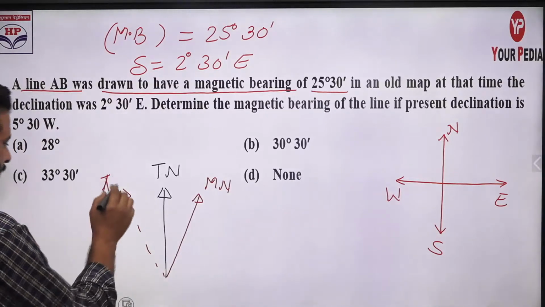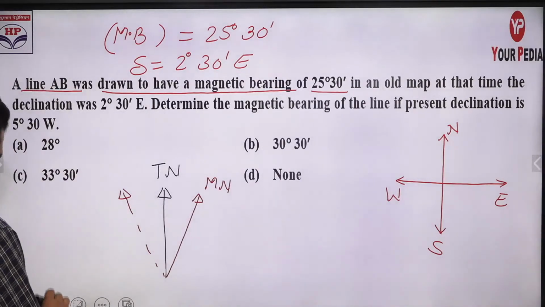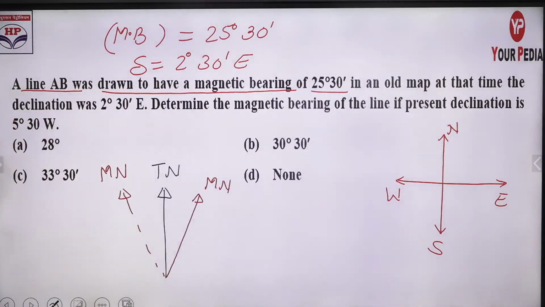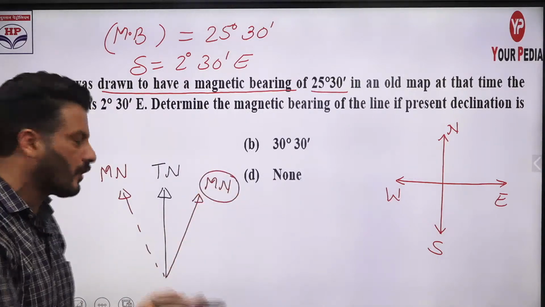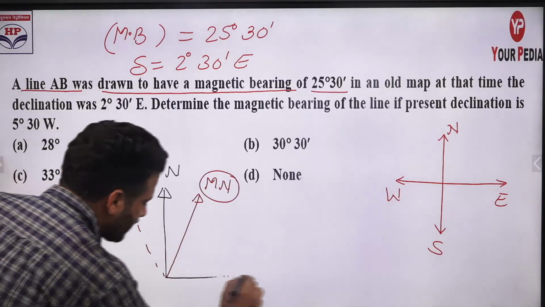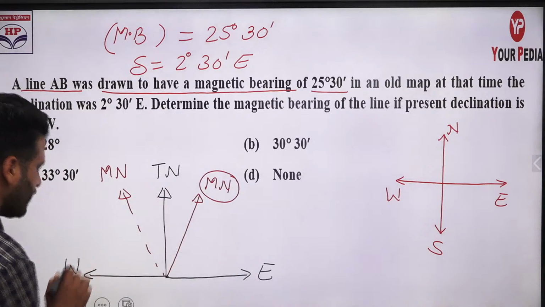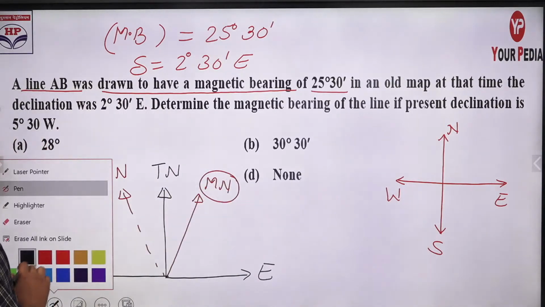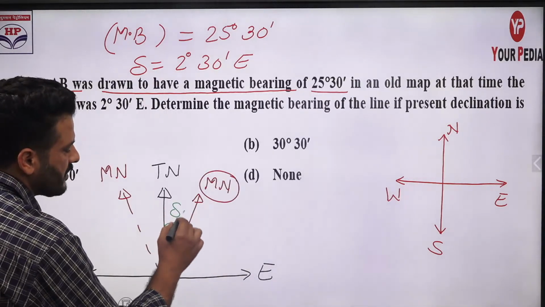So it might be towards the right or it might be towards the left. So this is magnetic north. Now whenever this magnetic north is towards the right of true north, that is, if we draw the coordinate system properly, definitely this we have east direction, this we have west direction, geographical east, west, north, south. So now this magnetic north is towards the east of true north. So this is eastern declination.